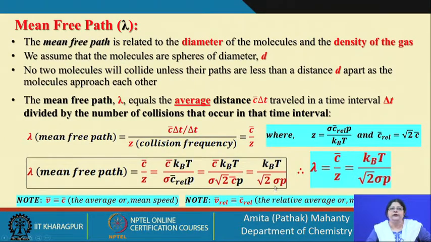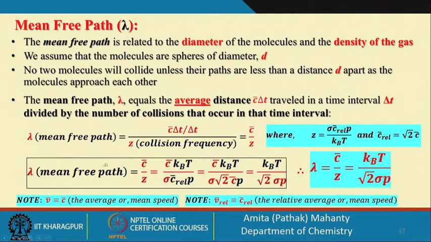Now, we are going to see how to derive the expression for mean free path. Mean free path is related to the diameter of the molecules and the density of the gas. We assume the molecules are of spherical shape with diameter d. Two molecules will collide only when the distance between their centers is small enough.